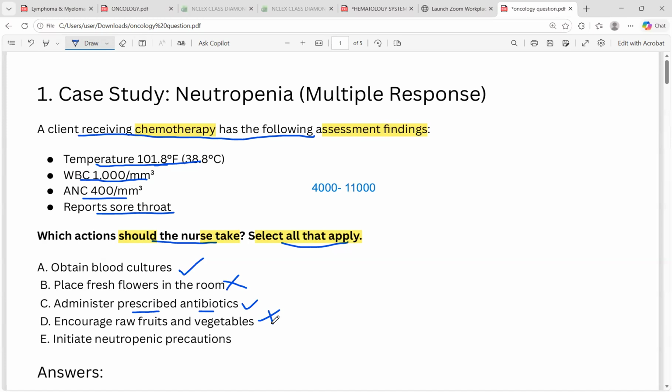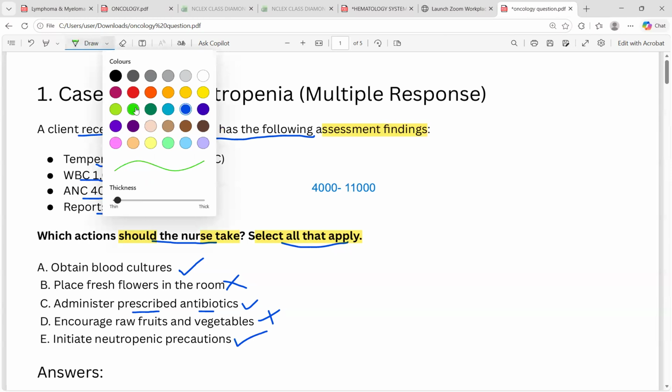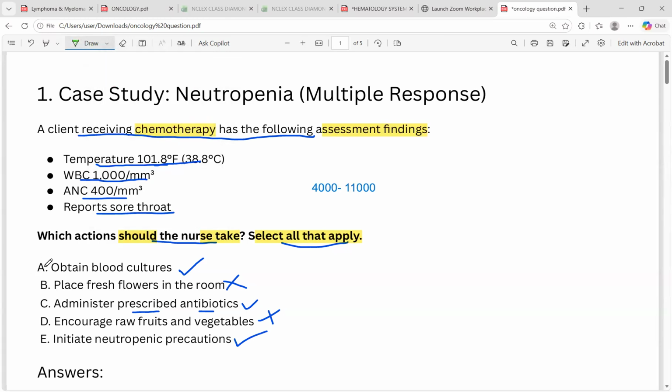In neutropenic precautions, fresh fruits, vegetables, and fresh flowers are not recommended for the client. Initiate neutropenic precautions: yes. So the answers are A, C, E.